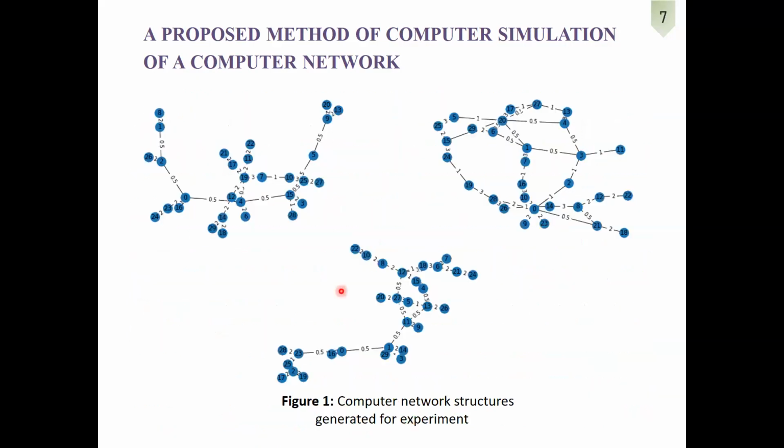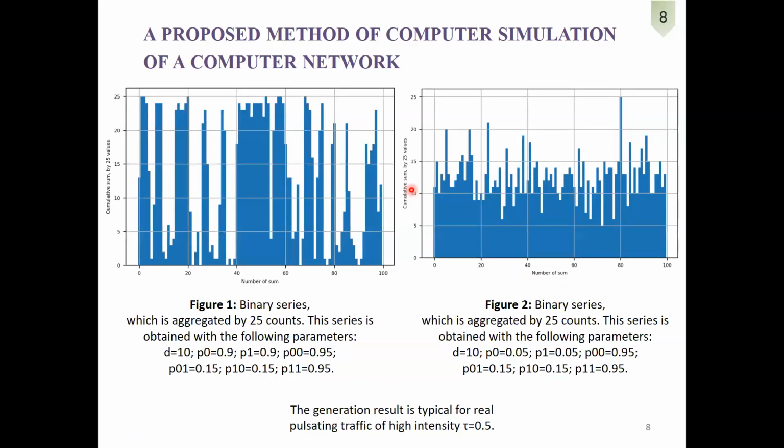Here we can see examples of computer network structures, some different ones based on our models. All networks are connected. Here are examples of binary series aggregated by 25 counts.